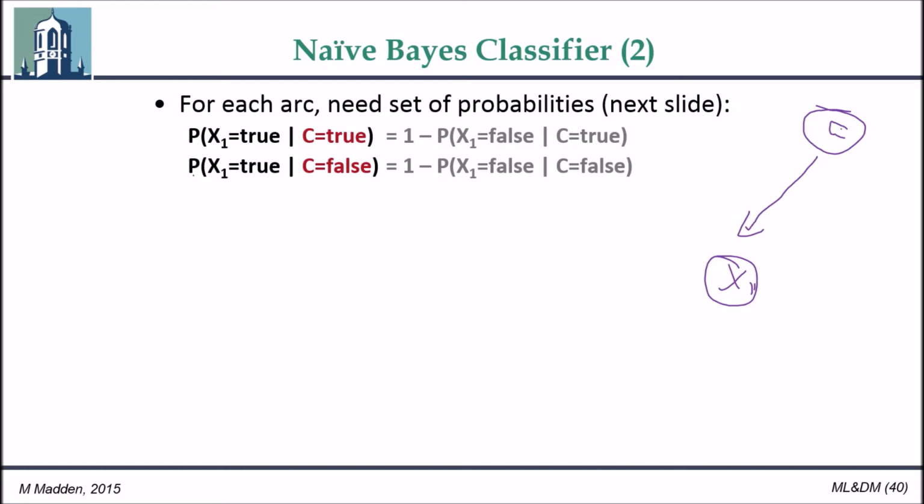The probability of x1 being true, given that the class is true, and the probability of x1 being true given the class is false. Also, we'll need to know the probability of x1 being false given the class is true, and the probability of x1 being false given that the class is false. But we don't need to calculate those two directly, because we know that these probabilities have to sum up to 1. So if we know the first half of them, we can derive the second half of them.